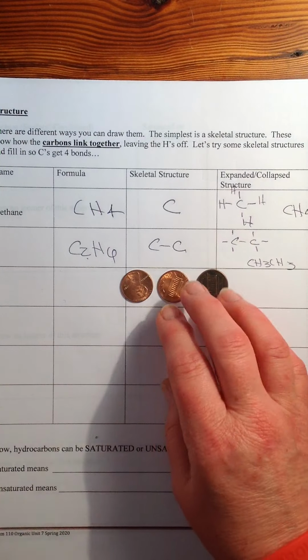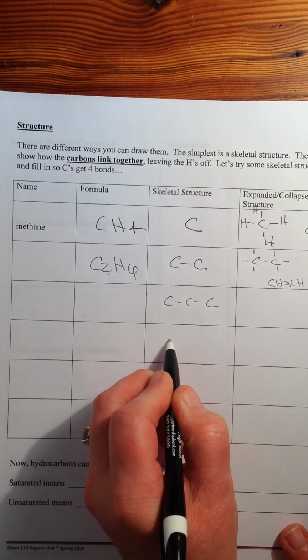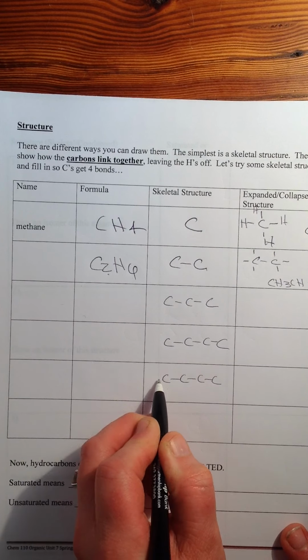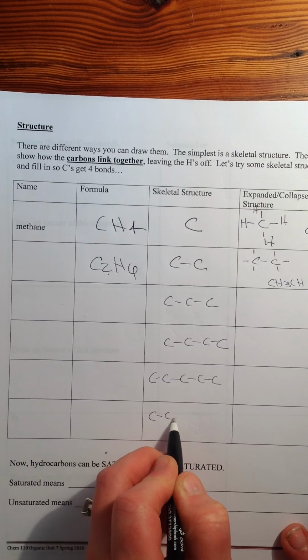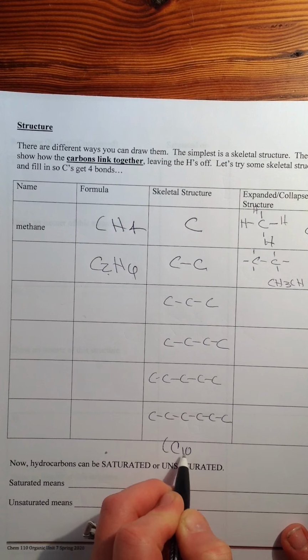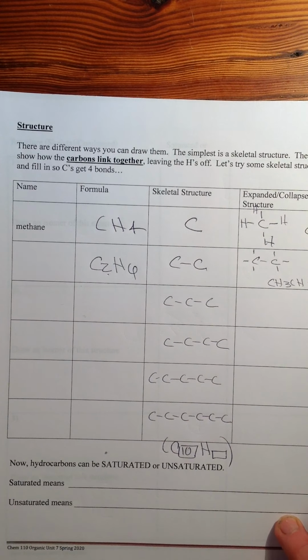Okay, my next one, I'm going to keep building. 1, 2, 3, 1, 2, 3, 4, 1, 2, 3, 4, 5, 2, 3, 4, 5, 6, and you want to do this to 10 carbons and figure out how many hydrogens you need.